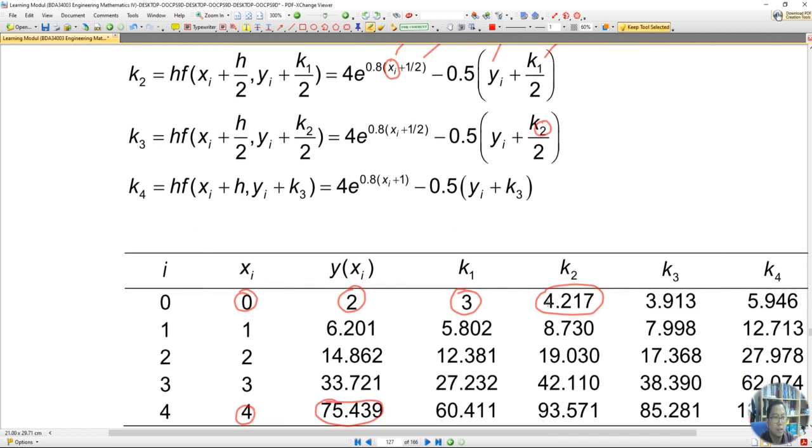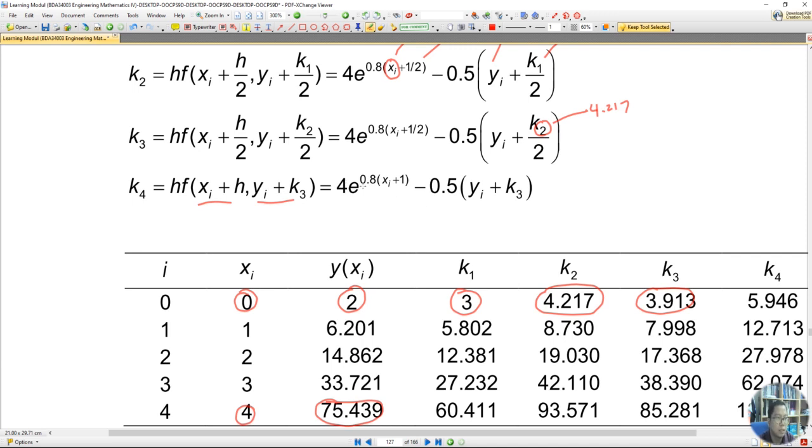For k3 also, you just change the k1 to k2. What is the number of k2? K2 is 4.217, so you have to change this one to 4.217 to get this number. And for k4, you have to multiply h by all this number when x plus h and y plus k3.